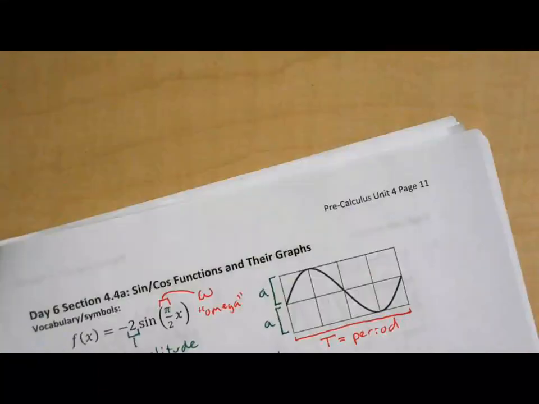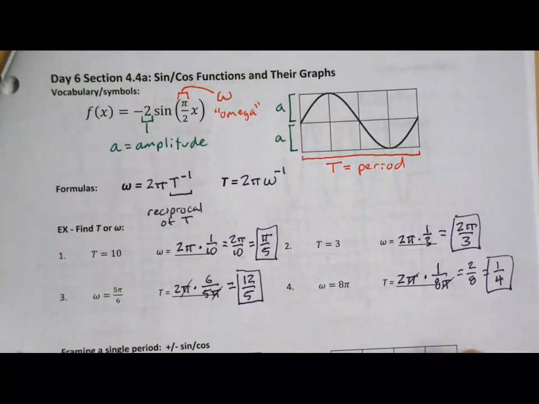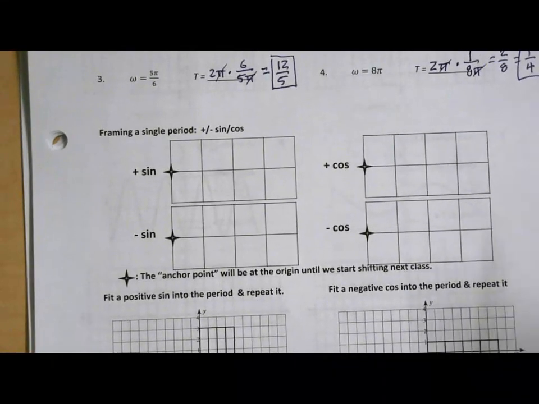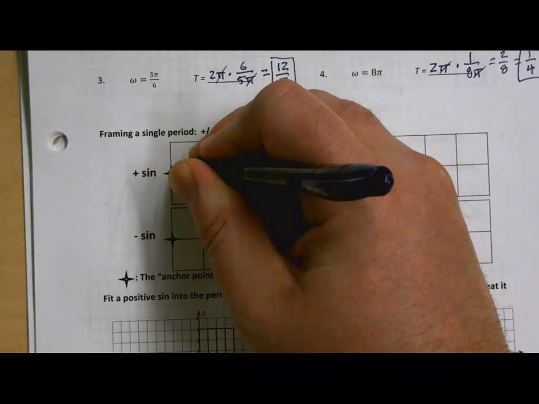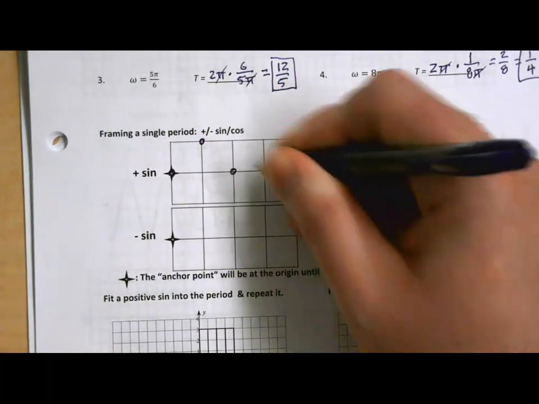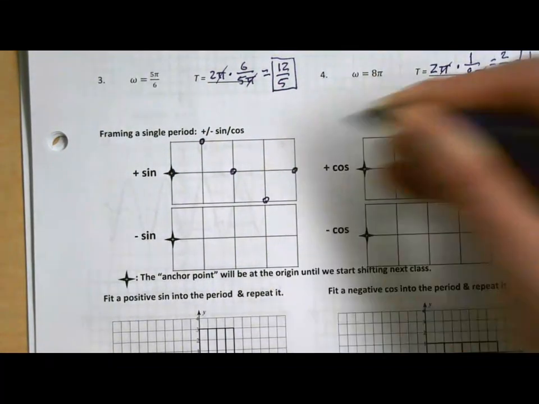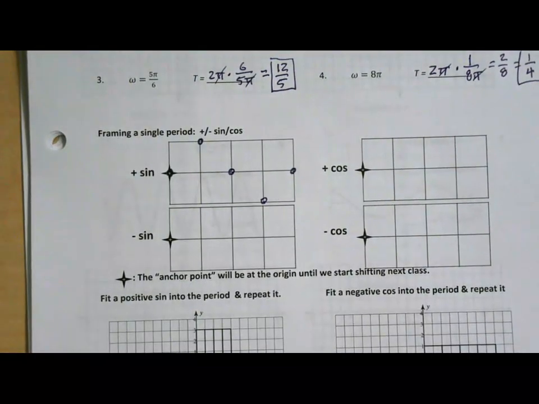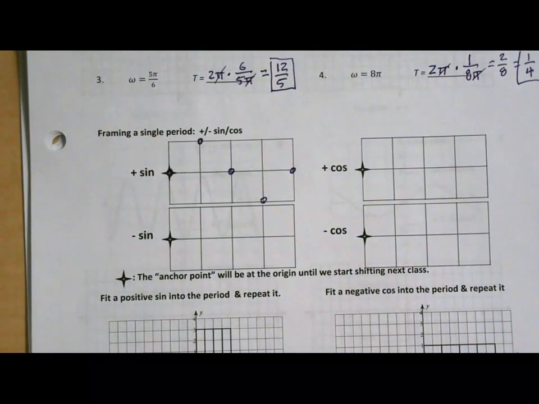Okay, so this next piece is what the little slip of paper you have in front of you. I'm not going to talk too much about this today. We'll get into it a little bit later, but just go ahead and draw some dots on your paper that match up with mine.